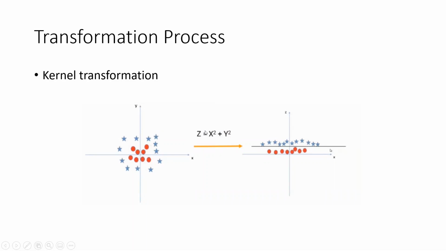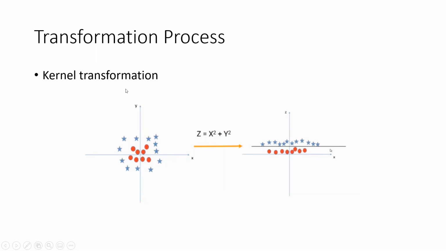You take the x and y coordinates and apply this Z transformation. Once you apply it, this arrangement of data points on the left gets transformed to something like this. Now you see after this transformation, you can linearly separate these two classes by drawing a line in the middle.